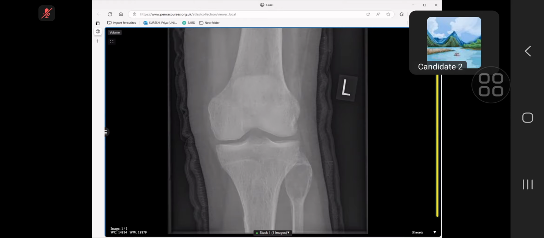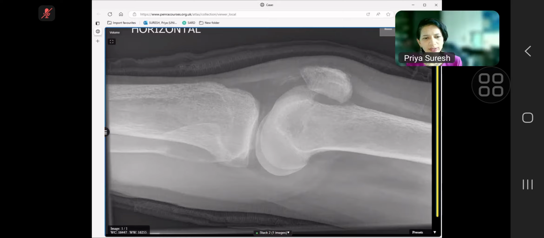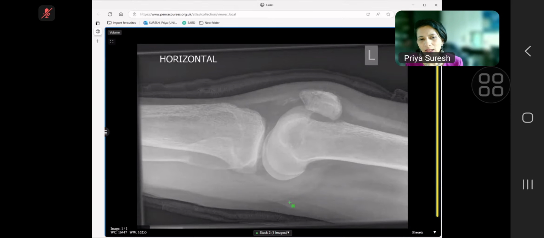So I would like to proceed with the lateral radiograph for this fibular lesion. I would like to know if there is a history of any recent trauma or any trivial trauma, so it is likely a pathological fracture. Ma'am, can I see the lateral view? There is no history of trauma, and the patient is about 25 years old.